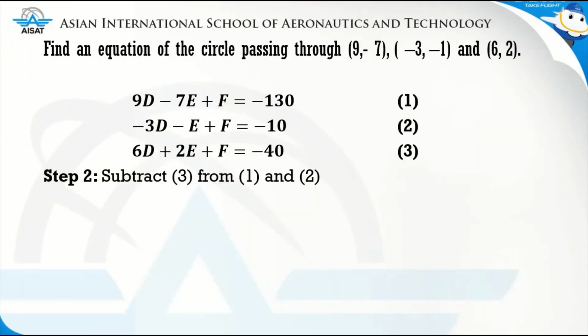Now, on the second step, we are going to subtract equation number 3 from equation number 1 and 2. By doing so, we are going to eliminate one variable, and that is variable f.